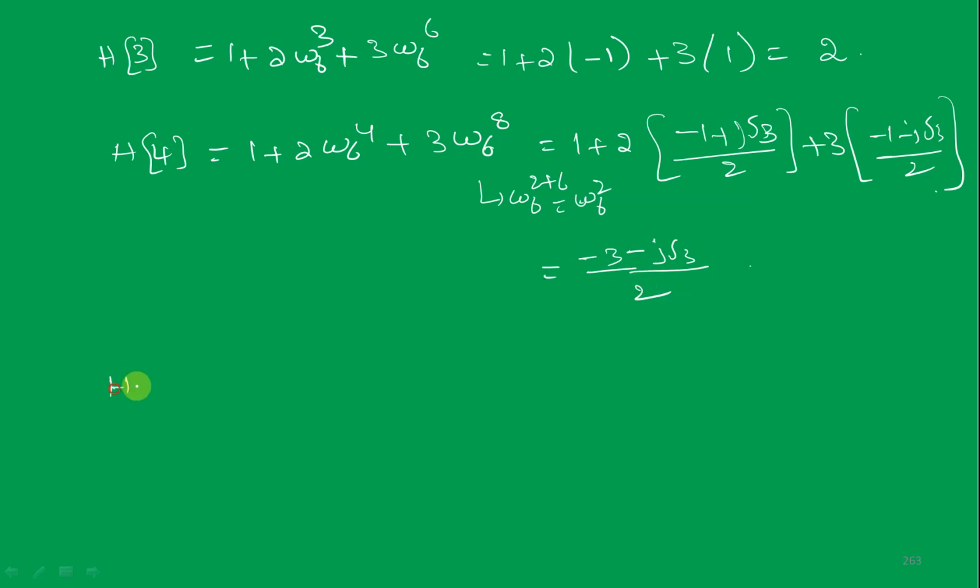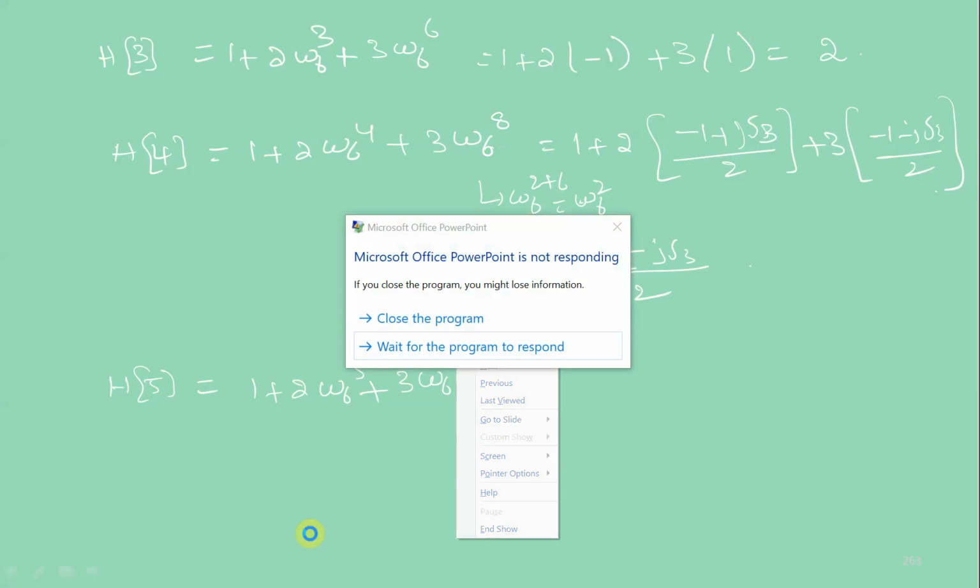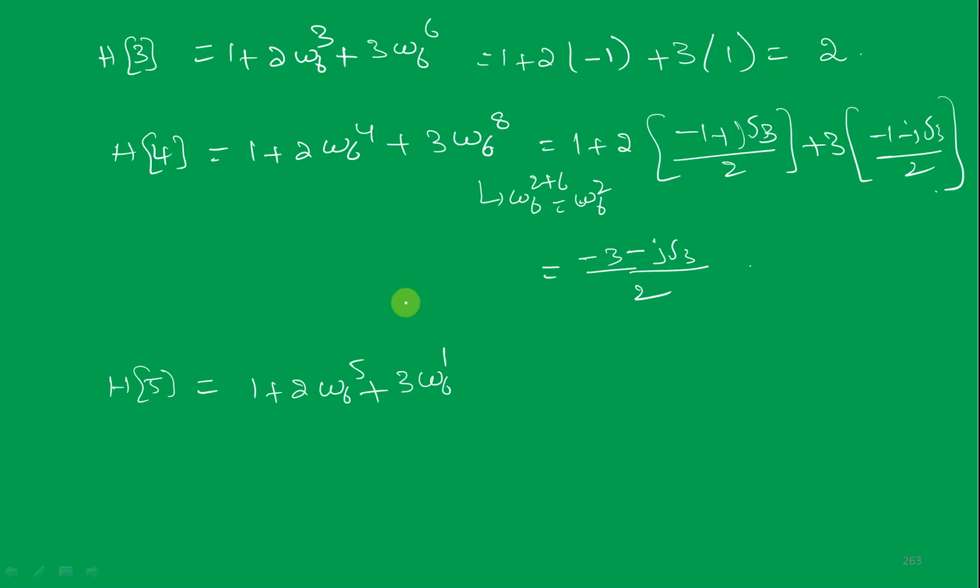Now, H of 5, last value H of 5, that is equal to 1 plus 2 W6 power 5 plus 3 W6 power 10. Now, that is equal to 1 plus 2. What is the W6 power 5? W6 power 2 plus 3.